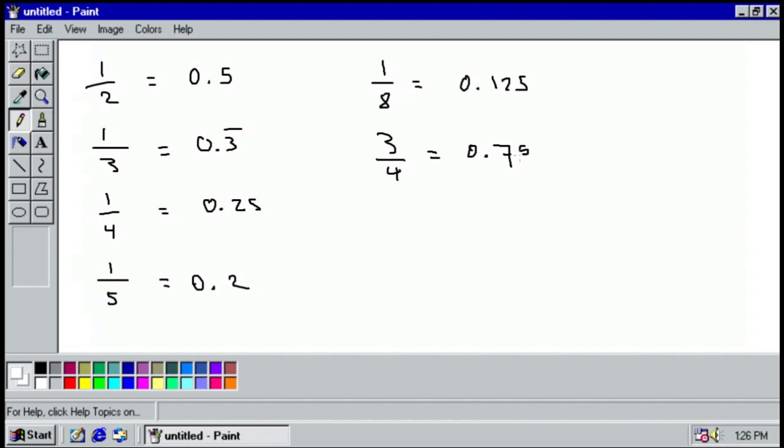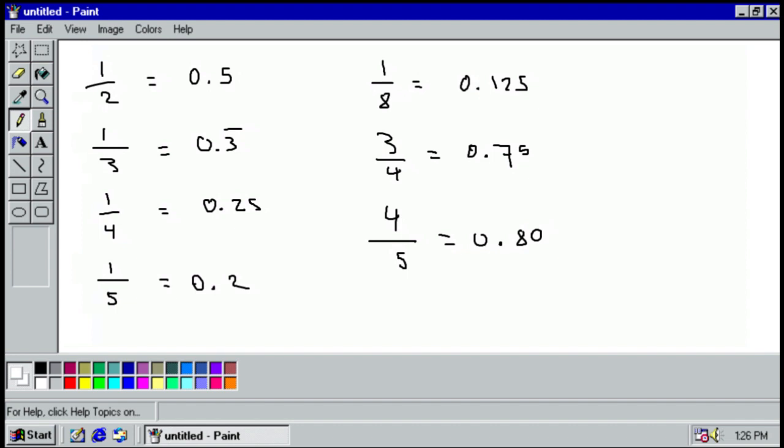And we have 4/5, which equals 0.80. So these are some of the most common ones.